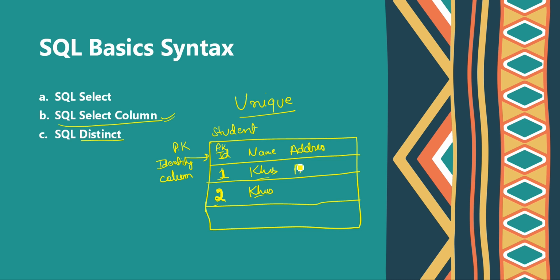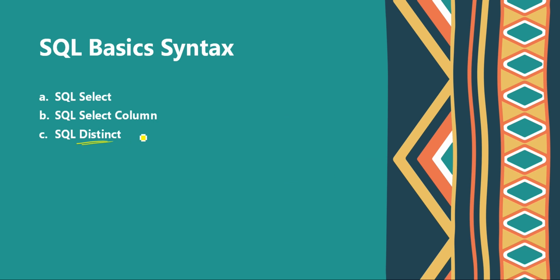Let's say address is India, and this is basically the same student, but by mistake I have entered the details, 2 rows, and submitted them 2 times. So distinct is basically used to select only unique values.